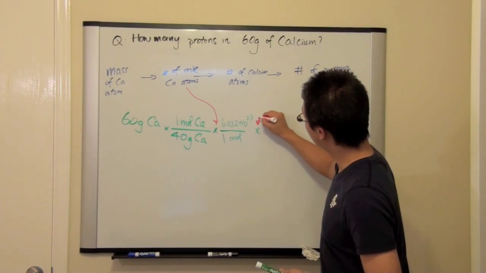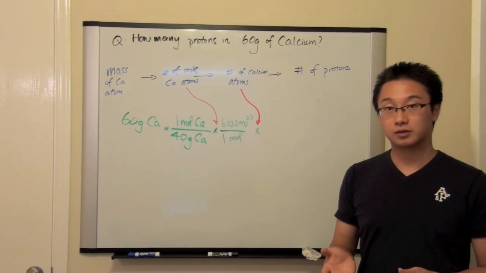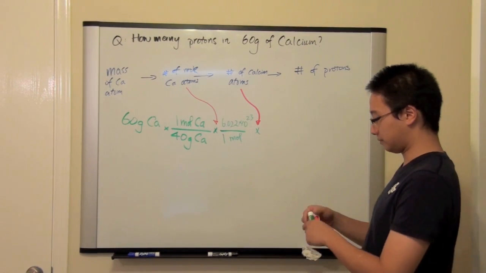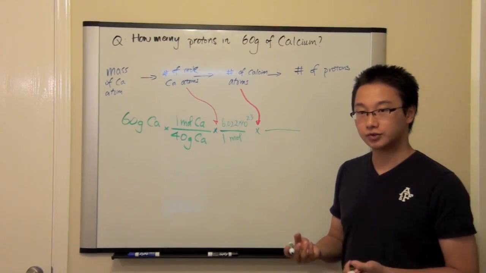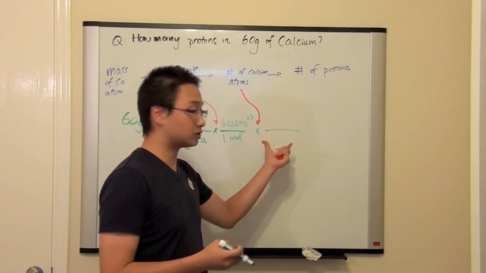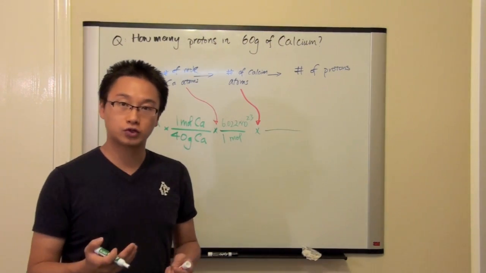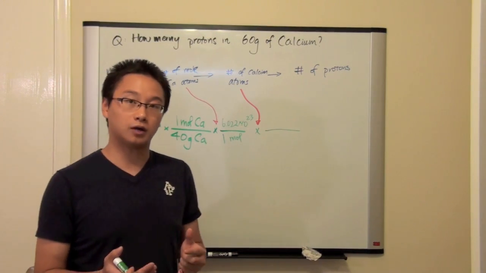And at this point, we have the number of calcium atoms. And now, at the very end, how are we going to find out the number of protons? You have to think about a ratio, and it is a ratio between the calcium atom and the number of protons.